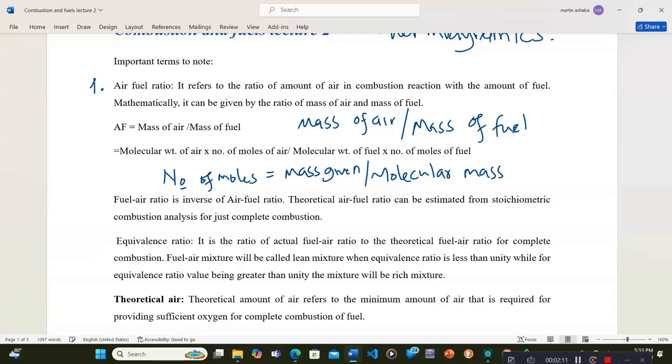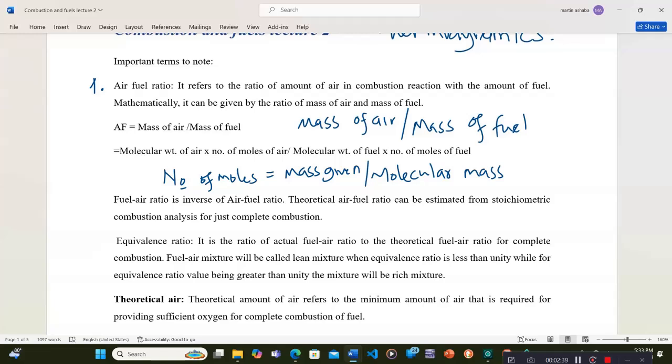So if I cross multiply, it means that the mass given for either fuel or air will always equal the molecular mass of the air or fuel times the number of moles of the same substance. So fuel-air ratio is the inverse of air-fuel ratio. If I take 1 over the AF, I'll get the fuel-air ratio.